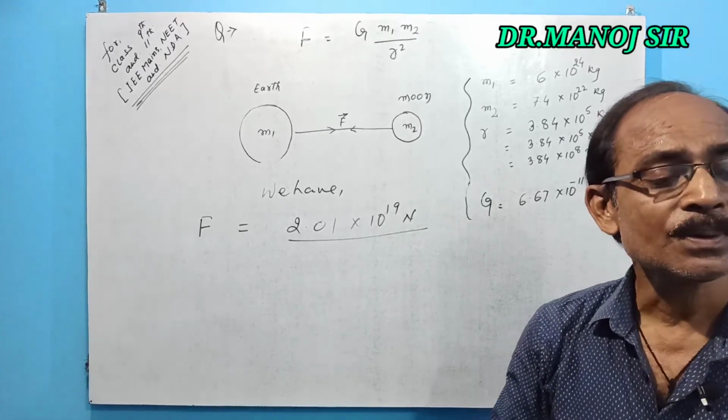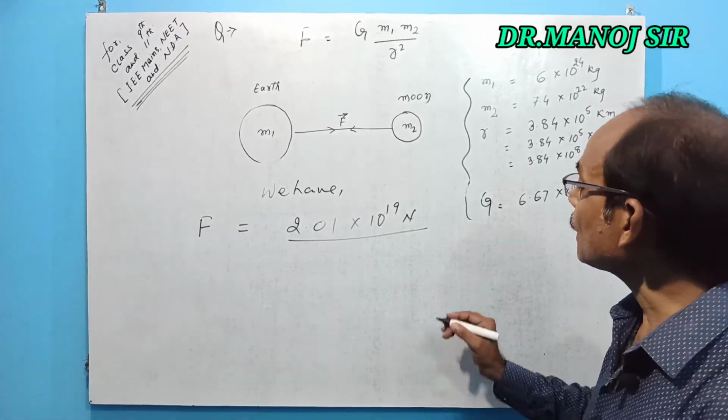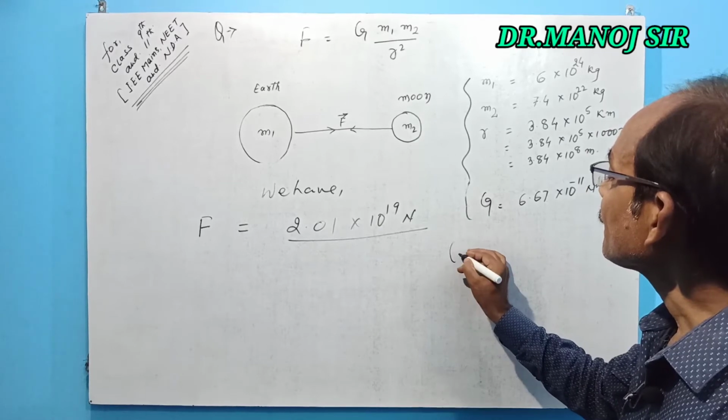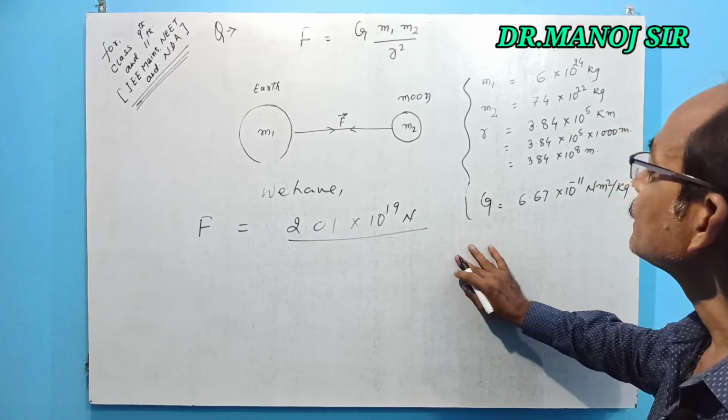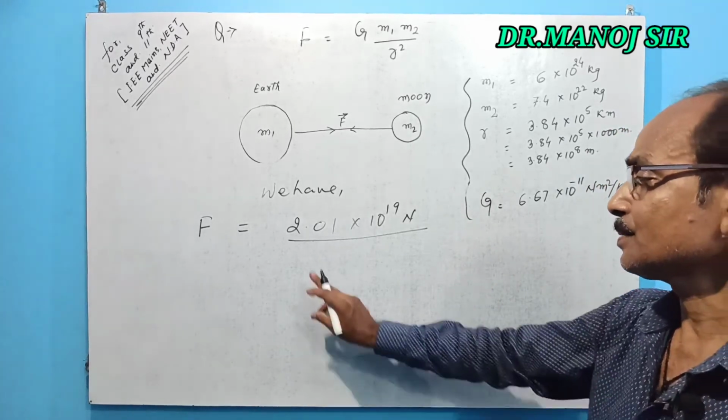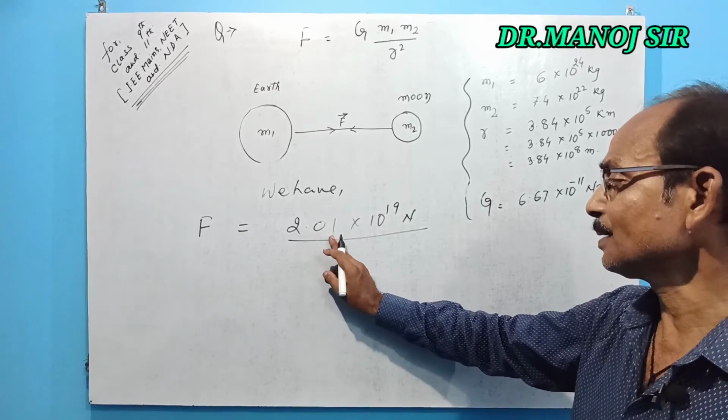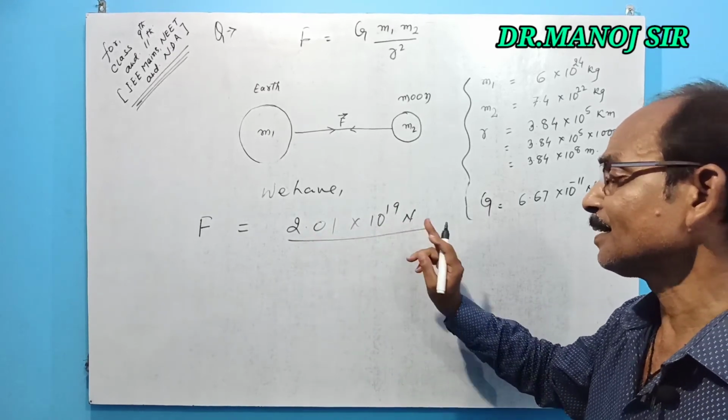Therefore, the value of the exerted force is 2.01 into 10 to the power 19.